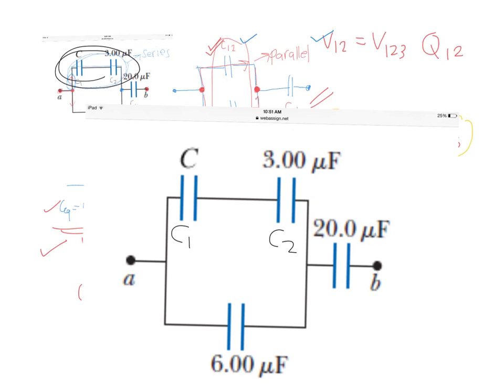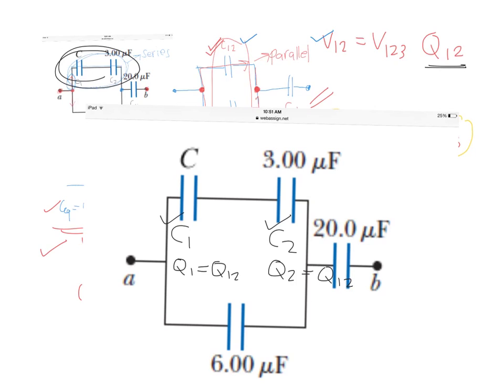Therefore, we could say that Q1 would just be equal to Q12. Also, Q2 would also just be equal to Q12. Again, this is because capacitors C1 and C2 are actually in series.